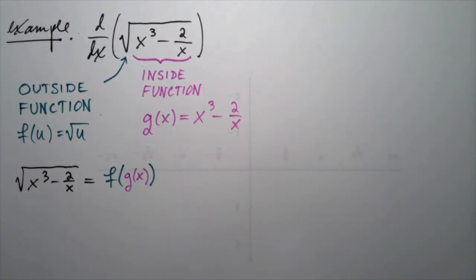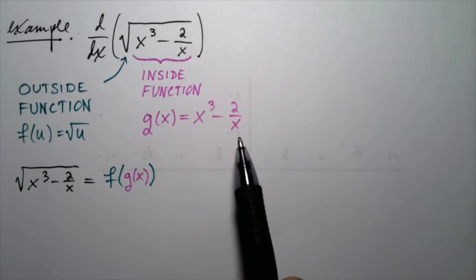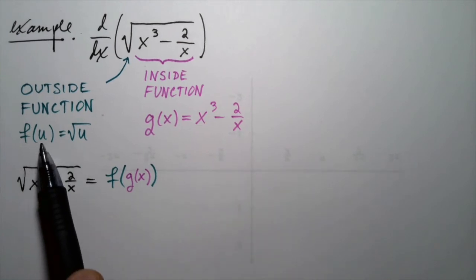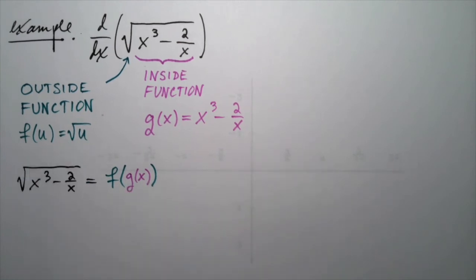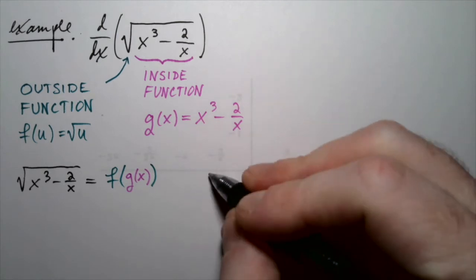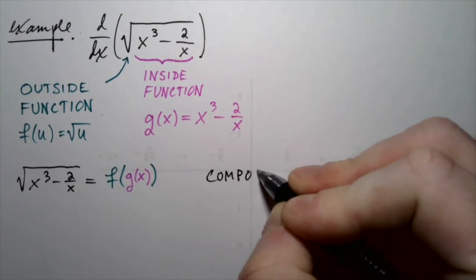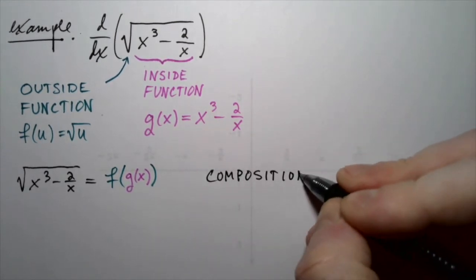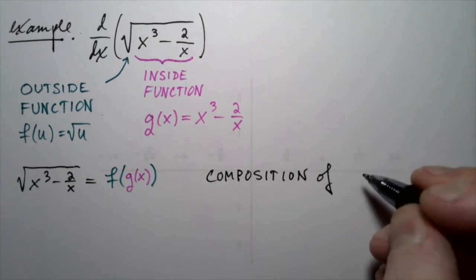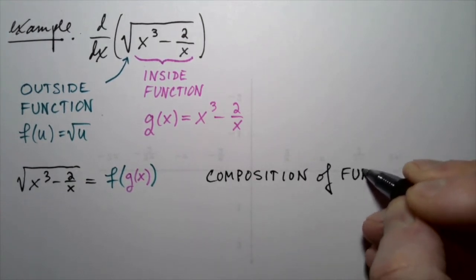If I take this formula for g, the x cubed minus 2 over x, and I plug that into the f function, I'm taking its square root, I get exactly the square root of x cubed minus 2 over x. So this is a composition of functions. That's the sort of thing that we use the chain rule to take the derivative of.